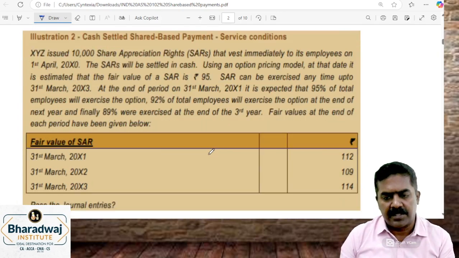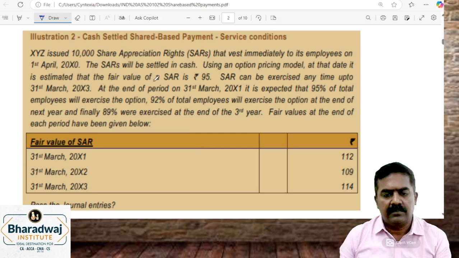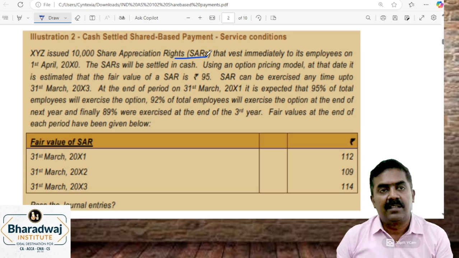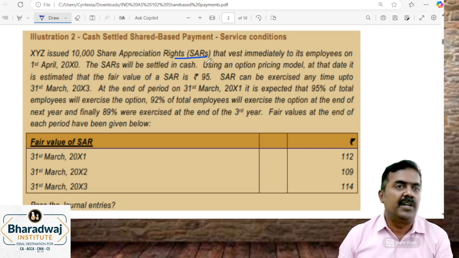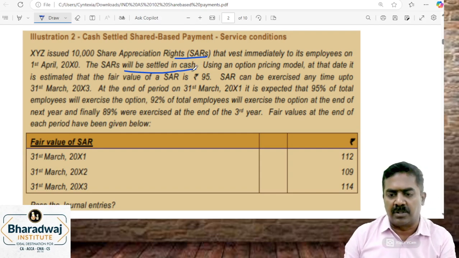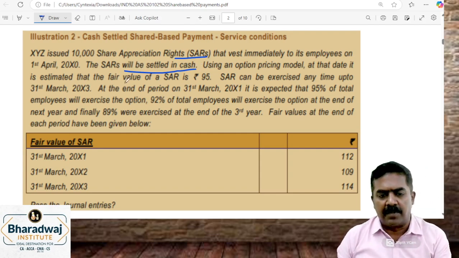Read the second question. Stock appreciation rate. Earlier, the first part we settled in shares. We are going to give it in cash. SAR will be settled in cash. Using option price model, estimated fair value of SAR is 95.